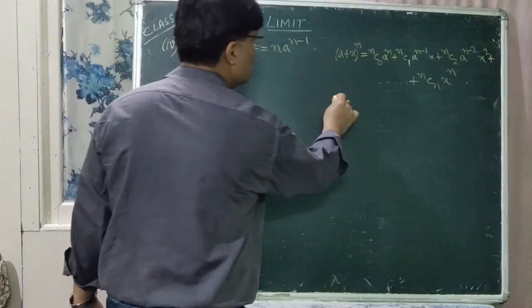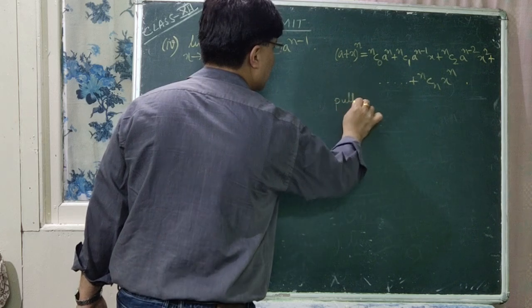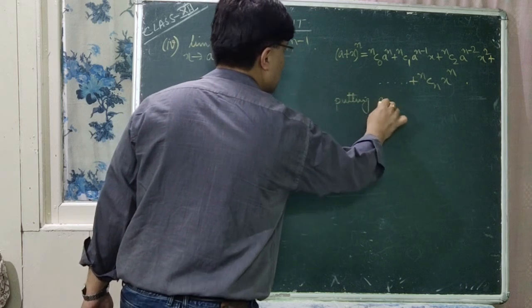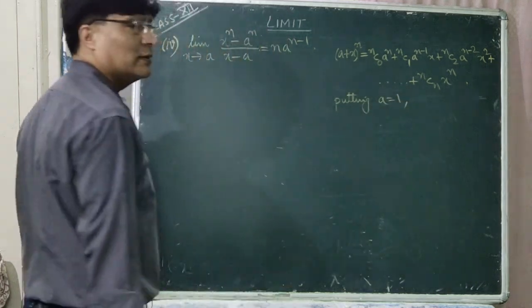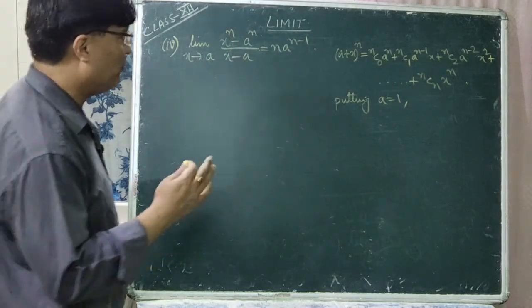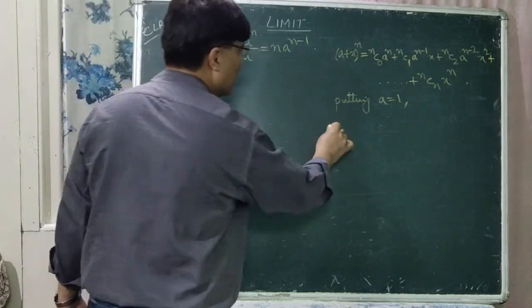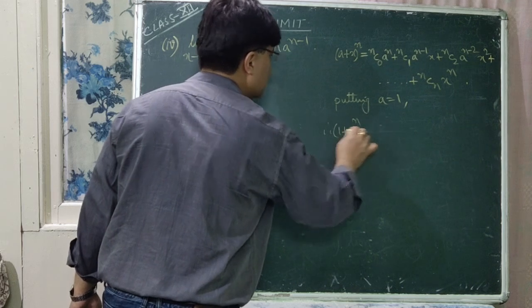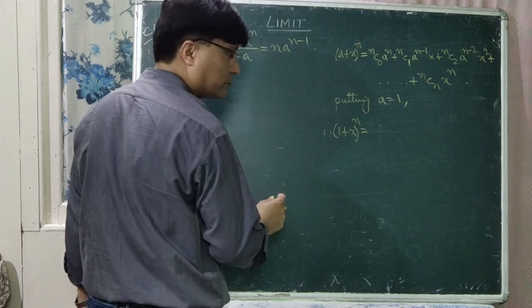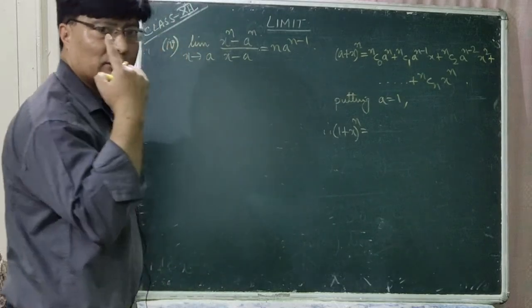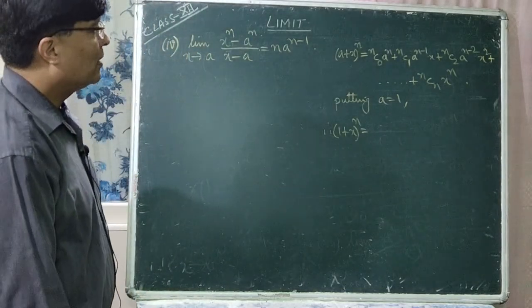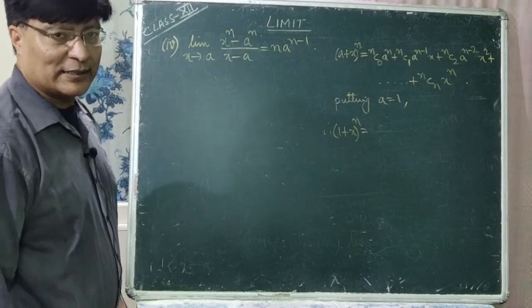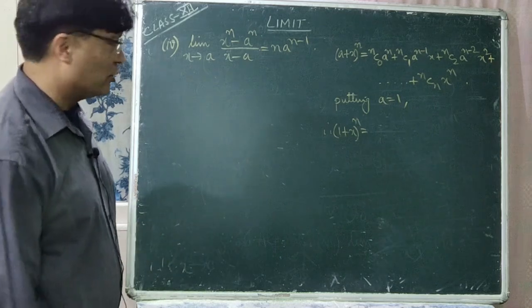If you put a is equal to 1, what do we get? Instead of a, if you write 1, this formula becomes (1 plus x) whole to the power n is equal to nC0, and nC0 is always 1. You have done how to calculate it in class 11 also.